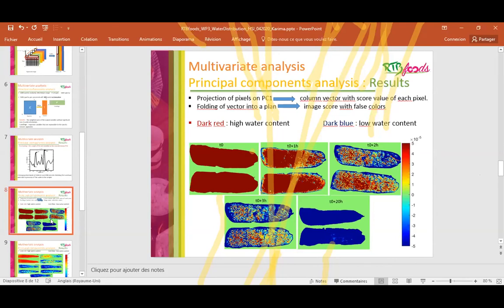So the depth is from 3 millimeters to 5 millimeters. It depends on the compactness of your samples. If you have, for example, transparent samples, the depth will be higher than if you have compact samples.